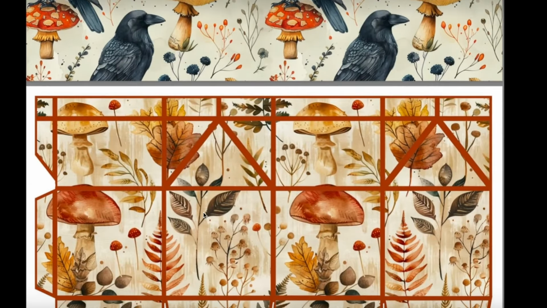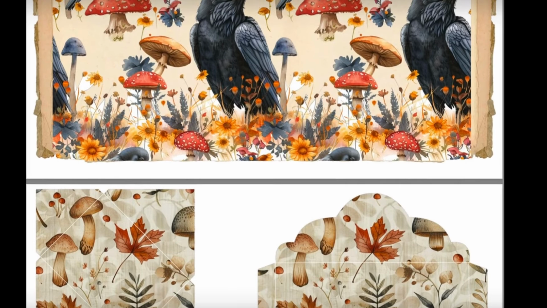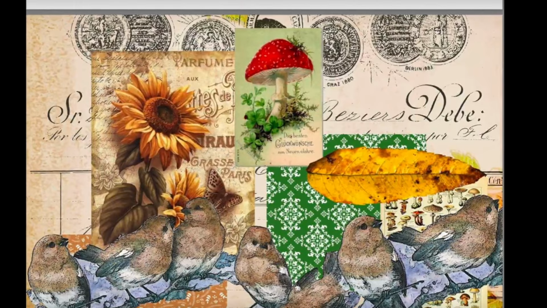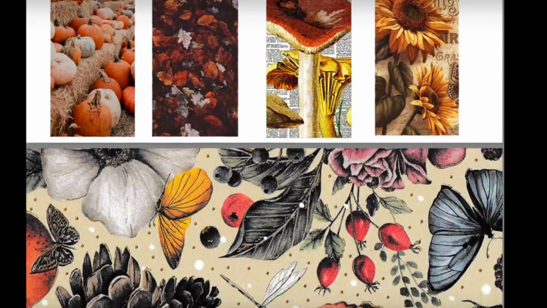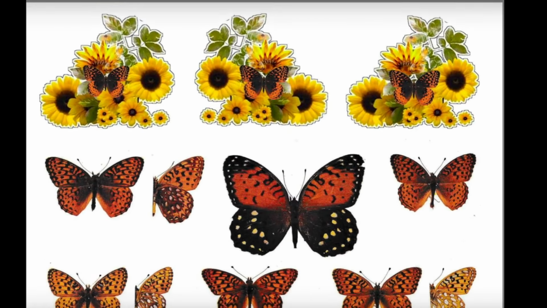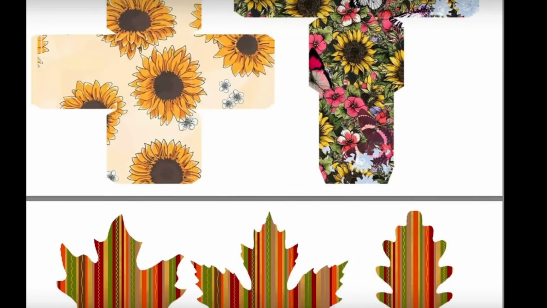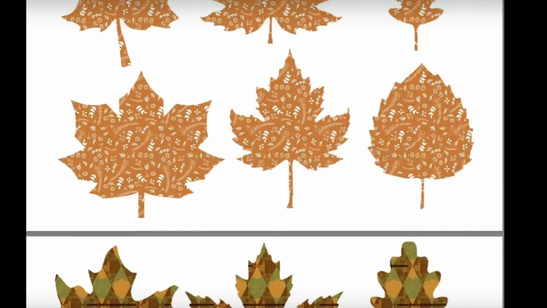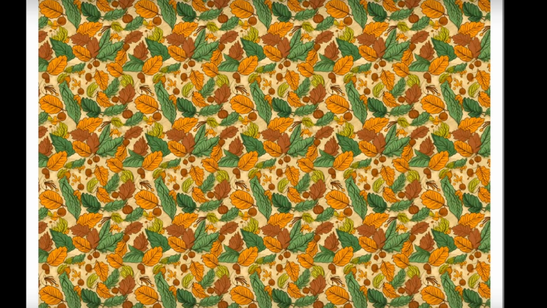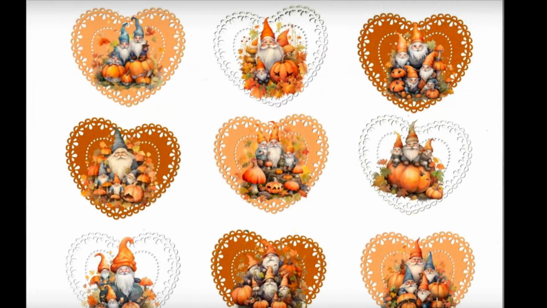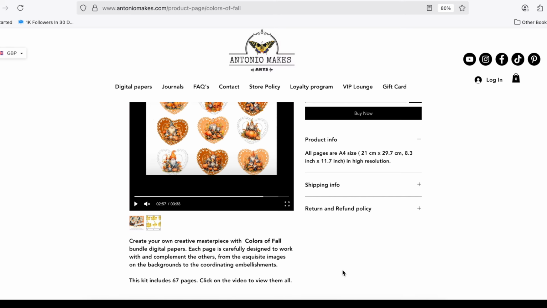What else is in there? There is a gift box, there's a milk carton gift box, pillow boxes, envelopes, all sorts. All my bundles are full of ephemera. Everything that you need for your crafting. There are even some butterflies and gift boxes, some leaves with all different textures. Look at that background, some more tags. So everything in here is bundled up into the whopping 67 pages.